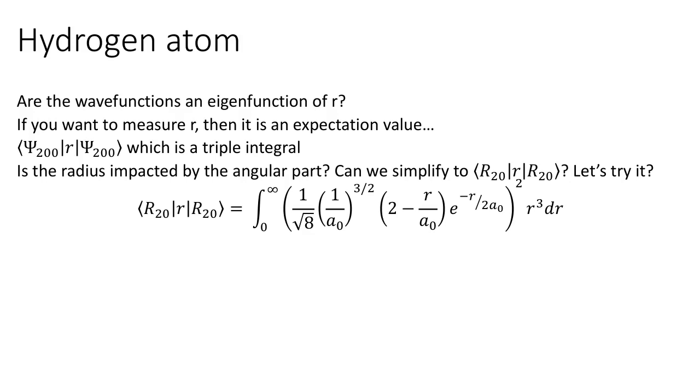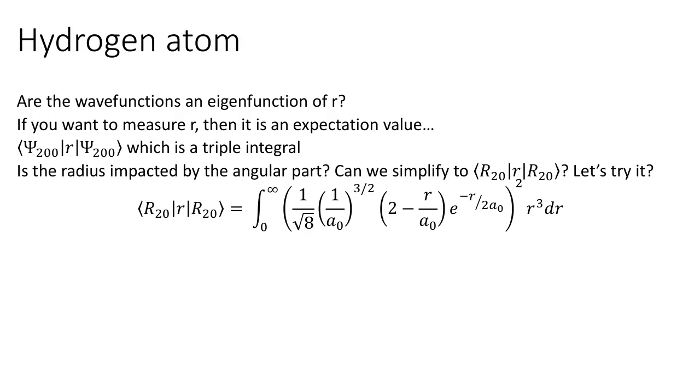Then we ask the question: are the wave functions an eigenfunction of R? We wanted to measure where this electron is with respect to the nucleus in a hydrogen atom. If it were an eigenfunction, we would just operate and return the eigenvalue. But of course, nothing is an eigenfunction of R, so we have to determine an expectation value. The complete wave function expectation value is a triple integral, with theta and phi dependence as well.